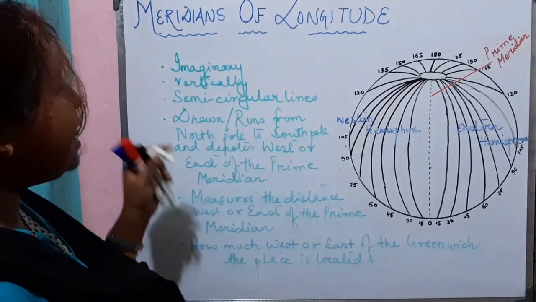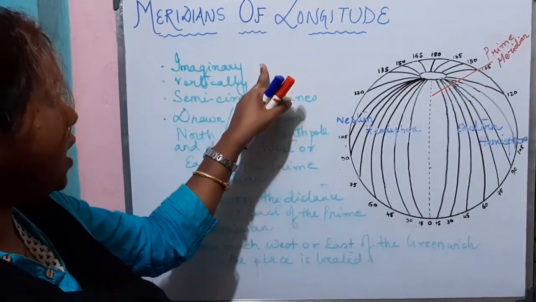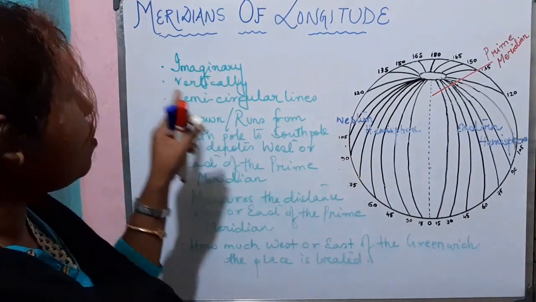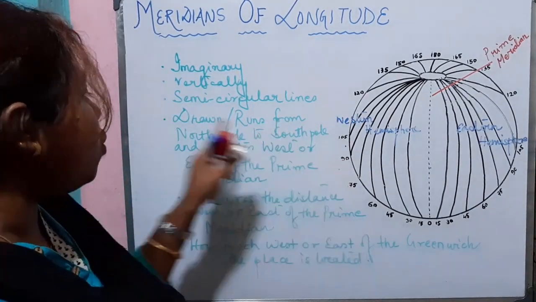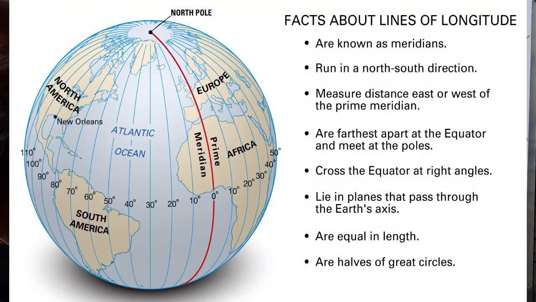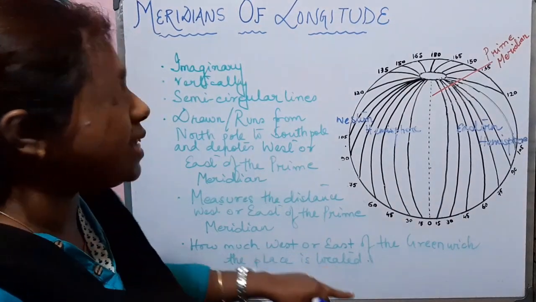So we can see that there are certain other imaginary lines which are drawn vertically, which are semicircular lines which run from North Pole to South Pole and denote west or east of the prime meridian, which measures the distance west or east of the prime meridian, or how much west or east of the Greenwich the place is located.